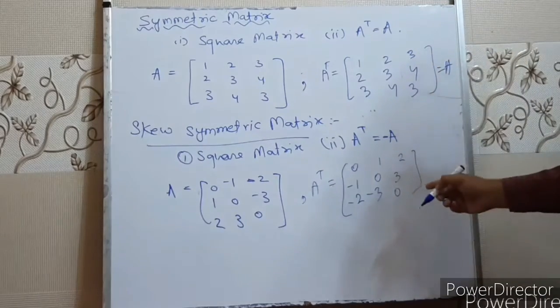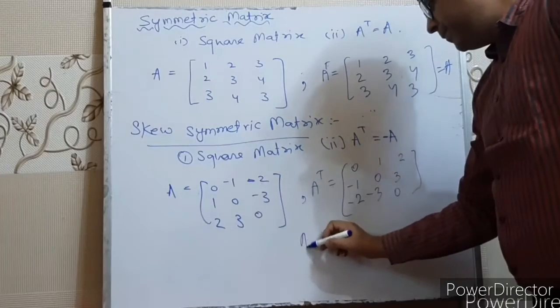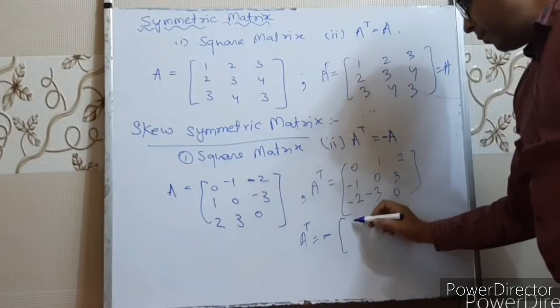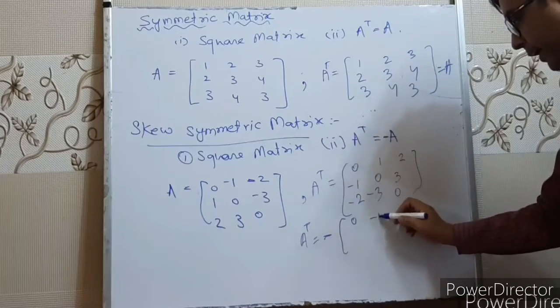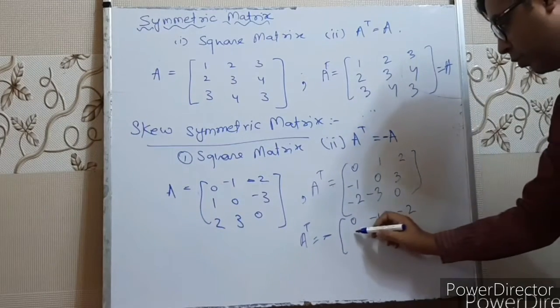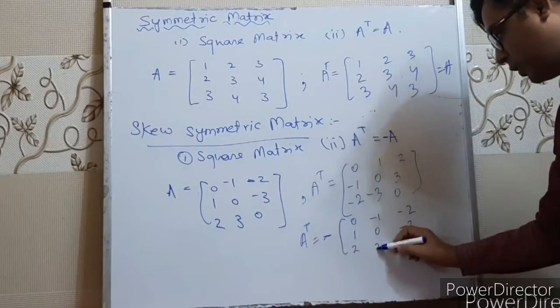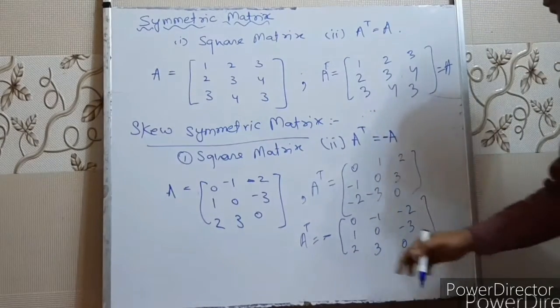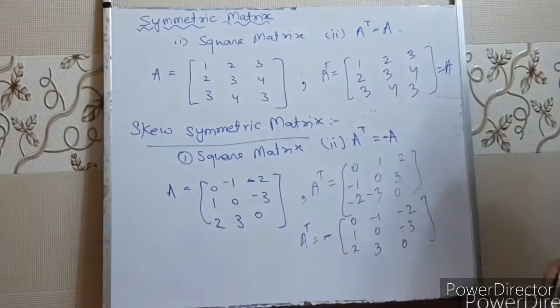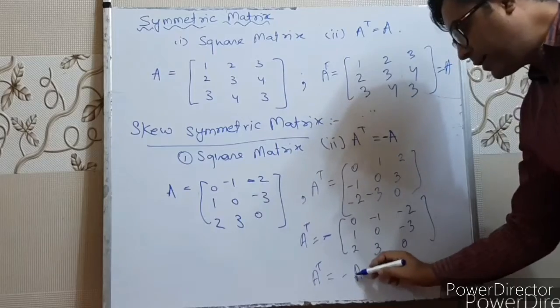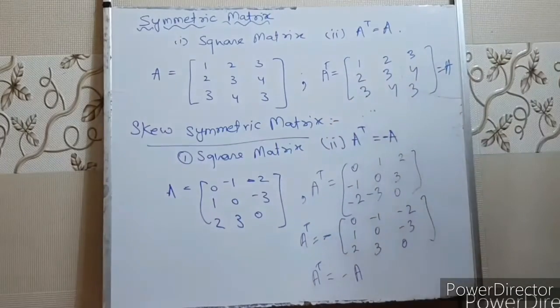Now take the minus sign common. What do we get? 0, minus 1, minus 2, 1, 0, minus 3, 2, 3, 0. This was our original matrix A. So we can say that A transpose is equal to minus A. Then only the matrix will be a skew symmetric matrix. Note it down.